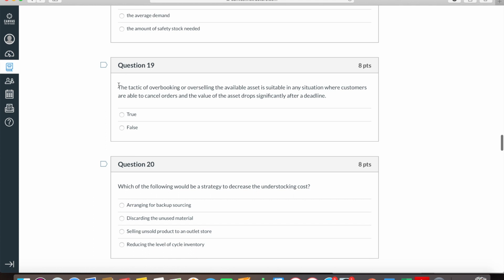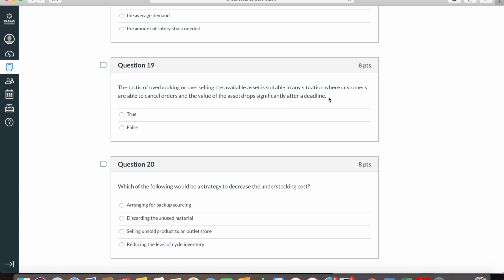Question 19. The tactic of overbooking or overselling the available asset is suitable in any situation where customers are able to cancel order and the value of the asset drops significantly after a deadline. Well, this is true. You want to overbook things like an airline ticket or a hotel ticket. This is because it's an available asset only at that time.